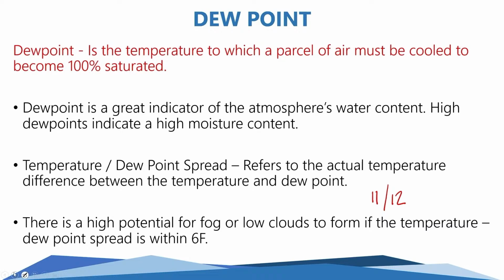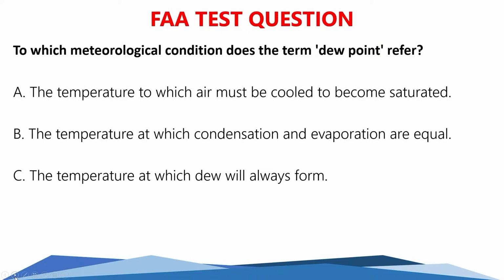Okay. All right, so let's go back to your definitions here and figure out which is the most appropriate definition. Let me go ahead and open up the test question. To which meteorological condition does the term dew point refer?